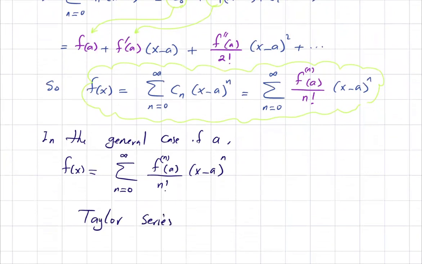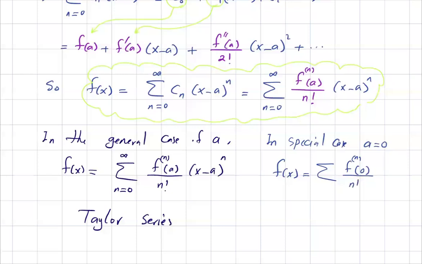In a special case, when a is equal to 0, f of x equals the summation of the nth derivative of f evaluated at 0 divided by n factorial times x to the n, from 0 to infinity, is called the Maclaurin series.